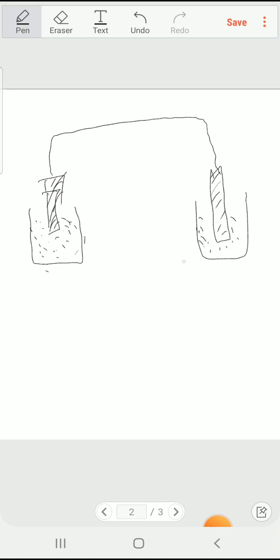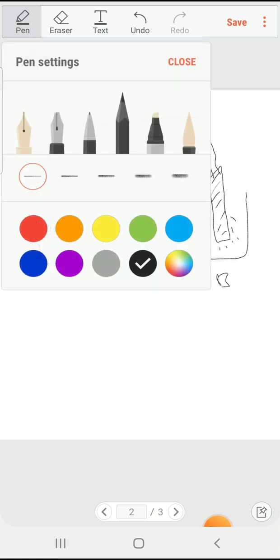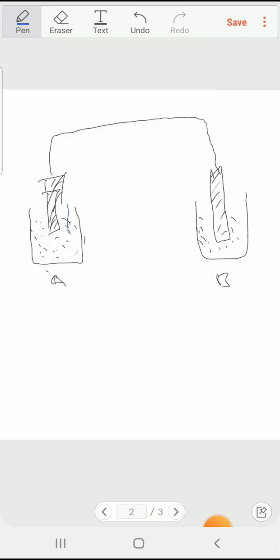So here is A, then this one is B. Then here there is a salt bridge, where the ions will pass. So now, this is just a simple representation of a Daniell cell.